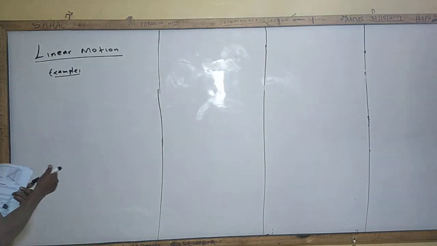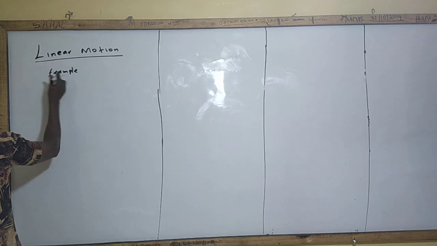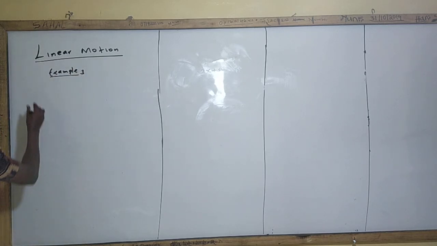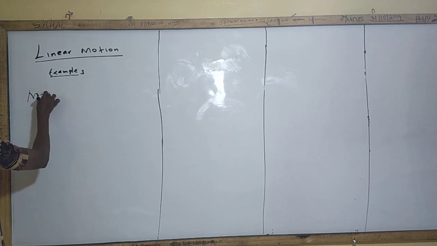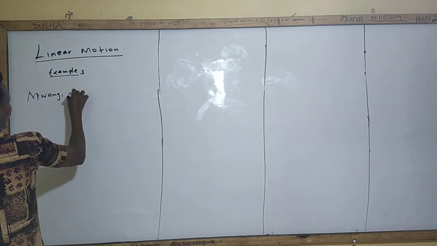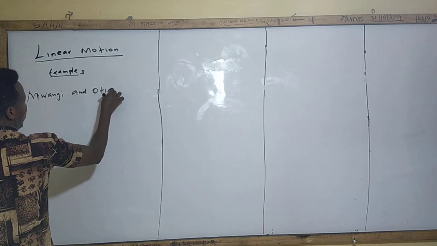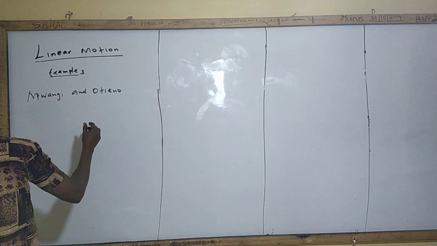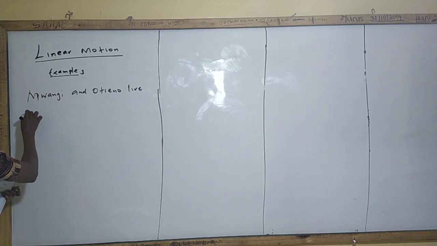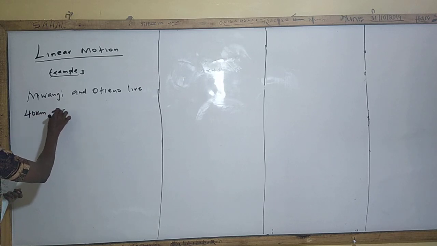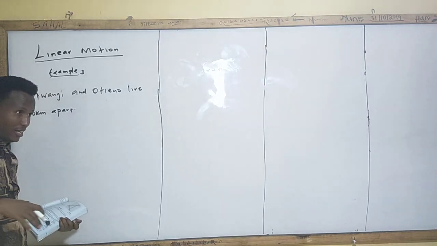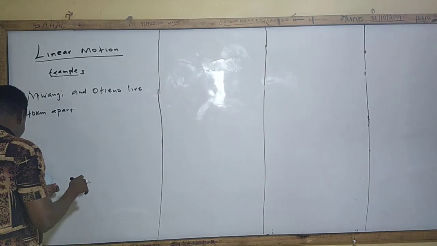So you're told that this is example 3. You're told Mwangi and Otieno live 40 kilometers apart. Full stop. That means they are not living in the same place, yeah? Just understand.